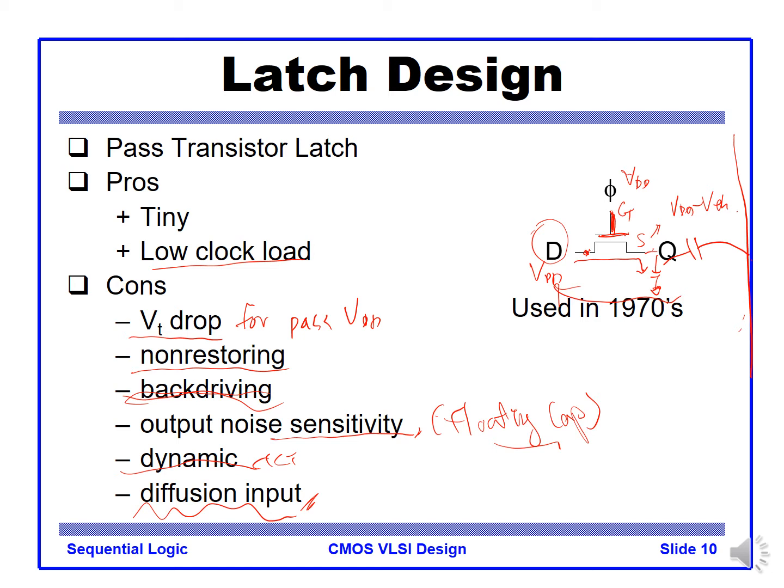For the gate capacitance, you are seeing CGS only. For the diffusion capacitance, you are seeing source capacitance and then drain capacitance like that, right? So you see more capacitance when you are driving this kind of switch.